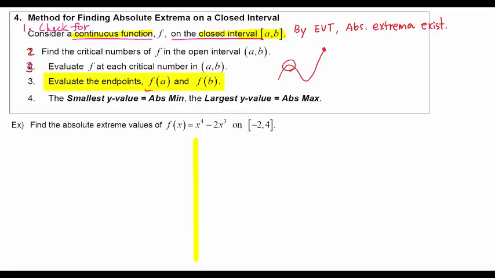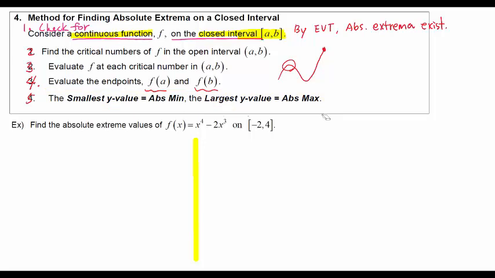So you're also going to evaluate endpoints. That will be step 4. Among all the function values at each critical number, including the endpoints, you are going to call the smallest y value the absolute minimum and the largest y value the absolute maximum. Make sense? So let's go ahead and do a few examples now.